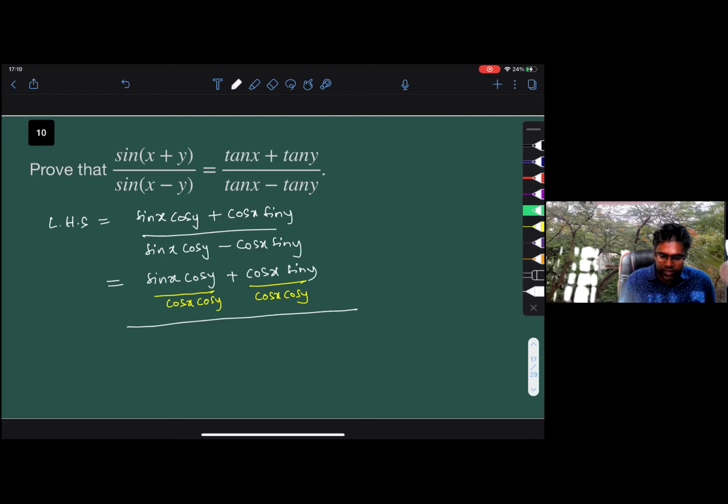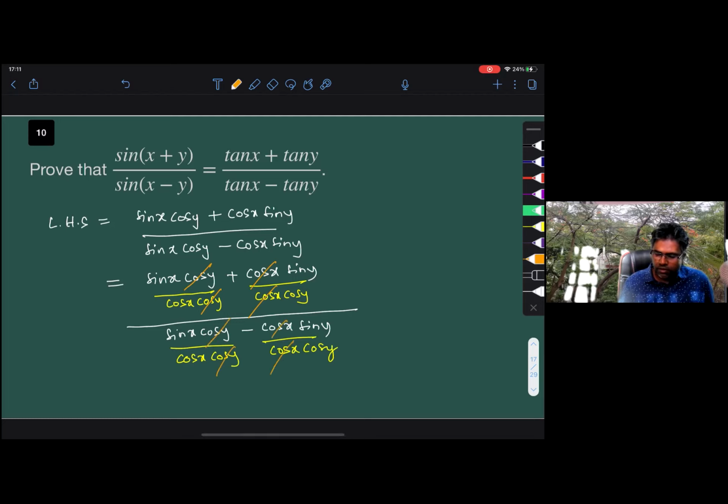So I have sine x cos y minus cos x sine y, over cos x into cos y plus cos x into cos y. Now if you look at it, I think these guys will vanish, and then these guys will vanish. Now you see these guys. So you have sin x by cos x, tan x. I think this is a really cool result.